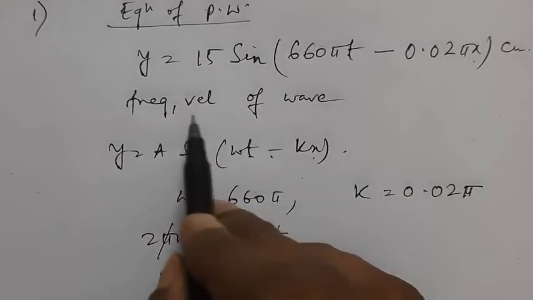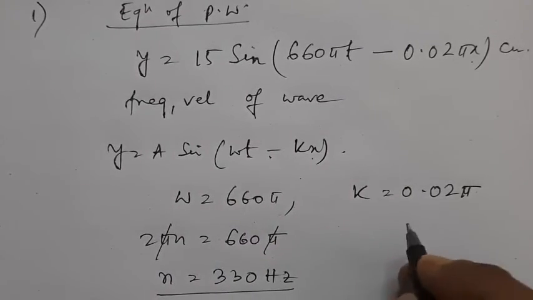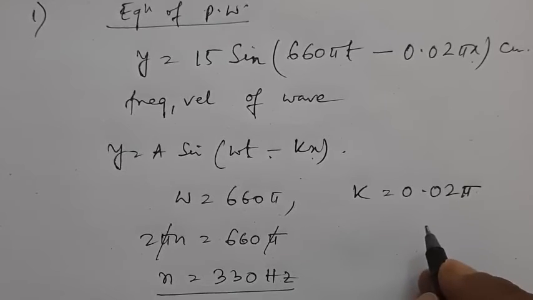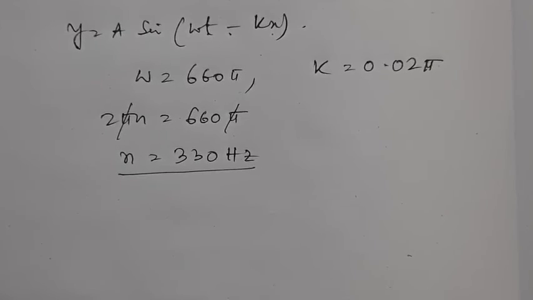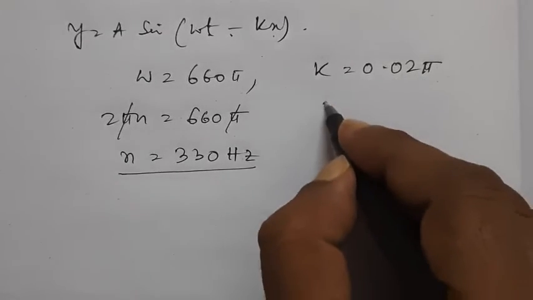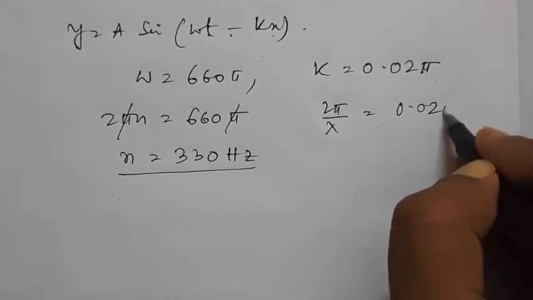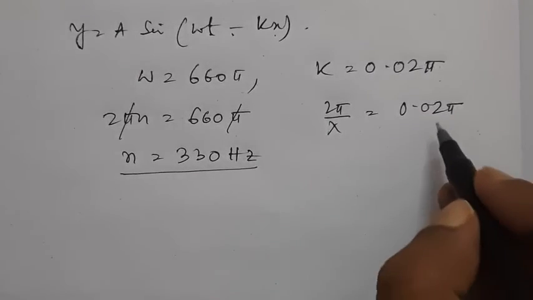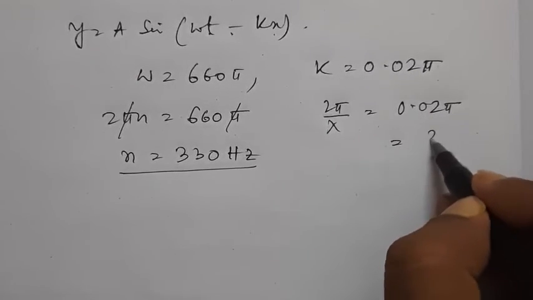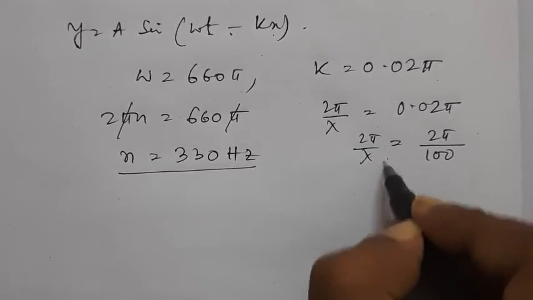The second one was the velocity of the wave. Now what is k? K is 0.02 pi. What is k? 2 pi by lambda. So 0.02 pi, you can write as 2 pi by 100. 2 pi by lambda.